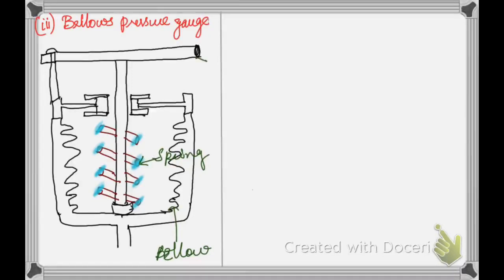And this is the pointer, and this is my zero adjuster. So mainly it is used to measure absolute and differential pressure, and it can be used for pressure ranges between low to medium gauges.